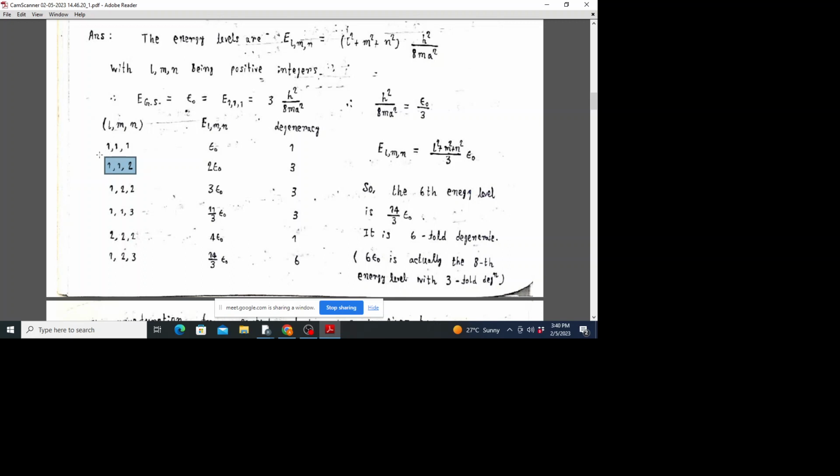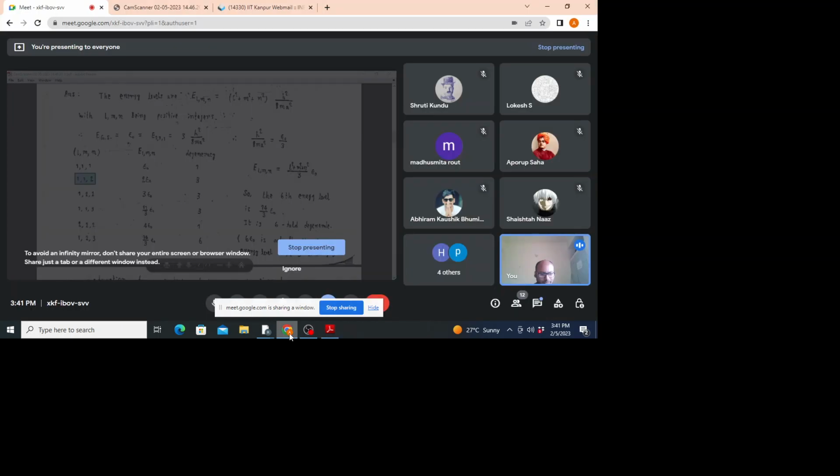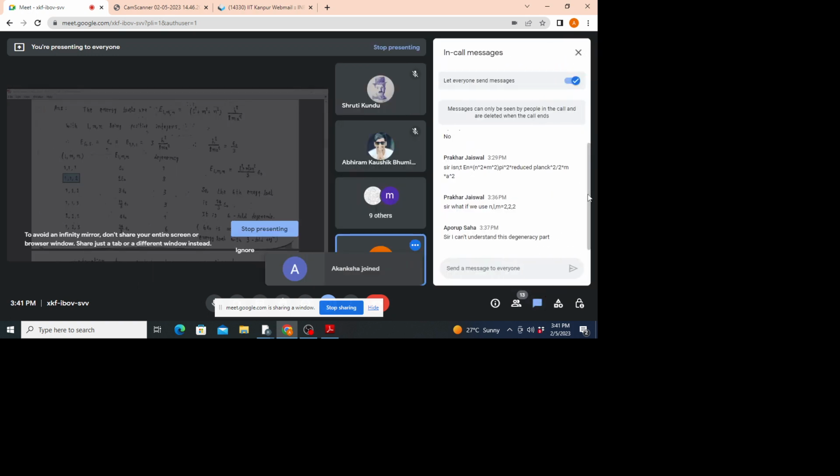So three different combinations lead us to the same energy eigenvalue 2 epsilon naught, and that is why we call the degeneracy of this energy level 3, because you have three different states that have the same energy eigenvalue. So that is the meaning of degeneracy. I hope it's clear a little bit.